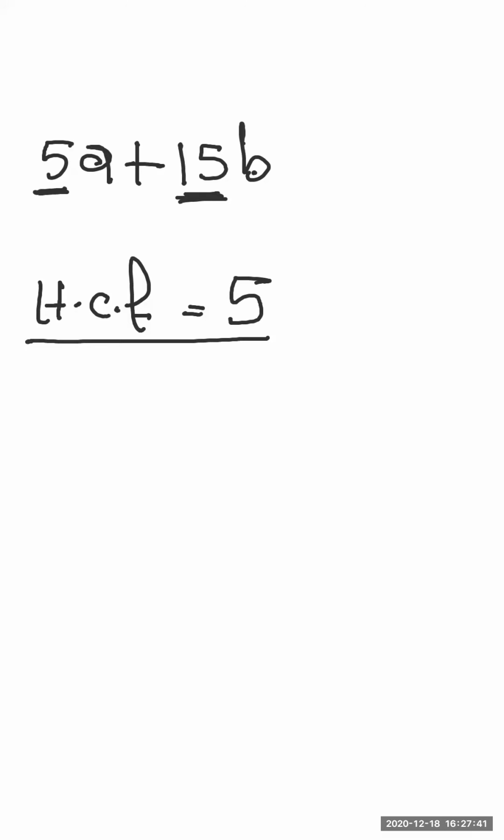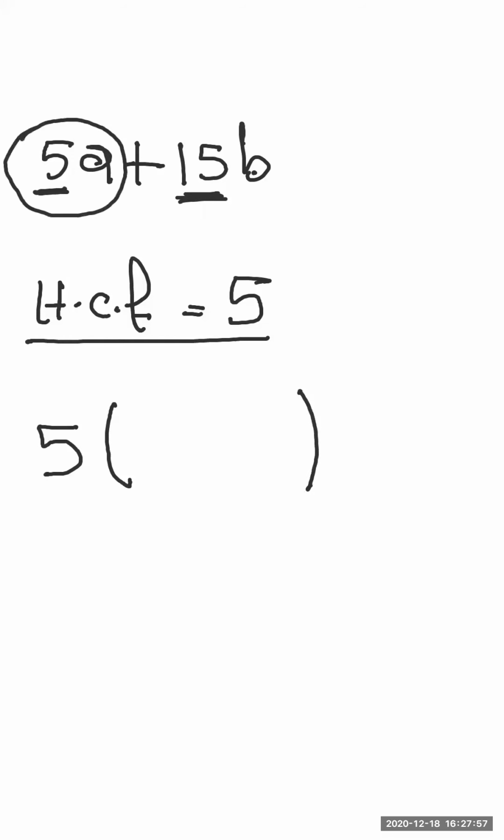Now the second step, I said that we write down the highest common factor outside two brackets. So 5 here is the highest common factor, then a bracket like this. Divide the first term by the highest common factor, then write down the quotient inside. So 5a divided by 5 equals only a.